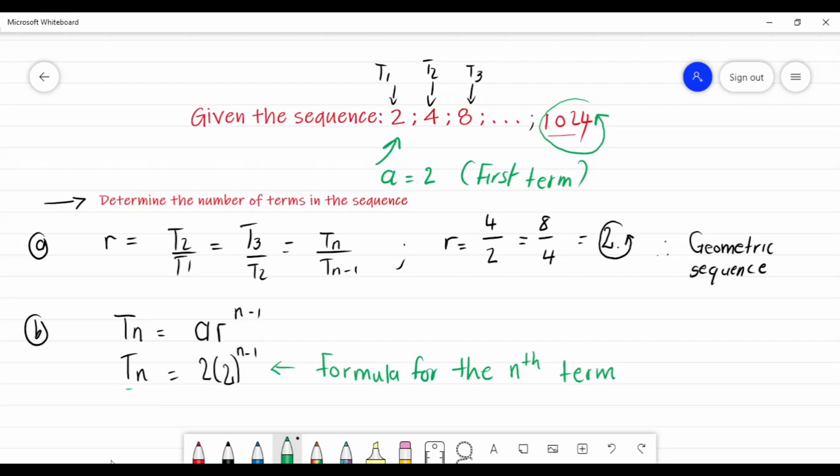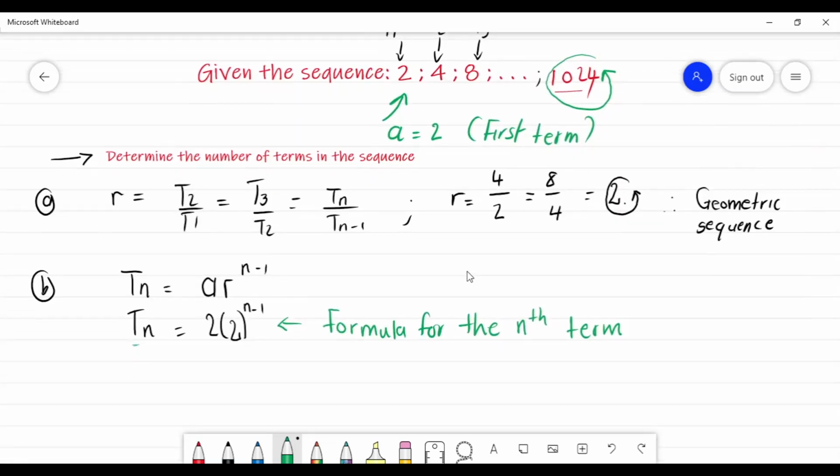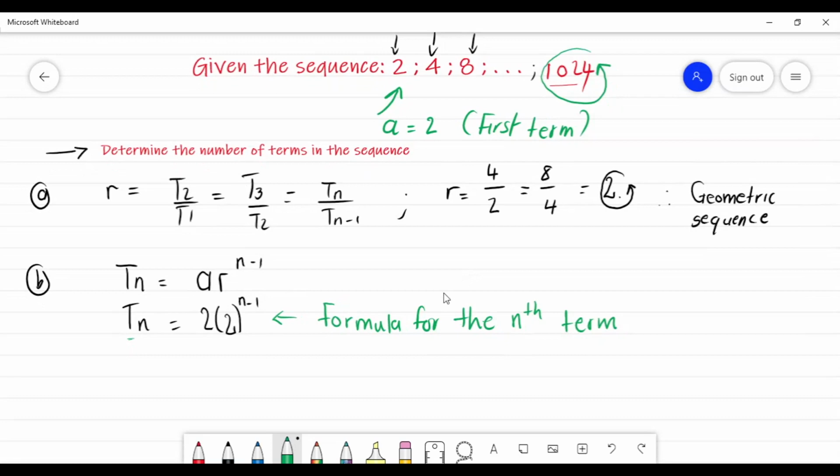That value is going to be substituted for our Tn, and we want the position of this value. What's the position of 1024 in this sequence? That's what we're trying to get, so we're going to substitute that into our formula.